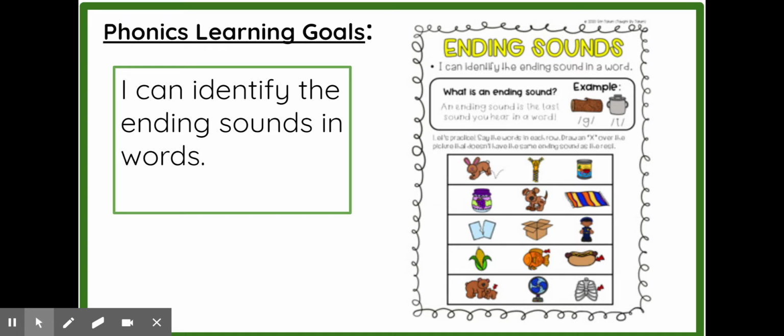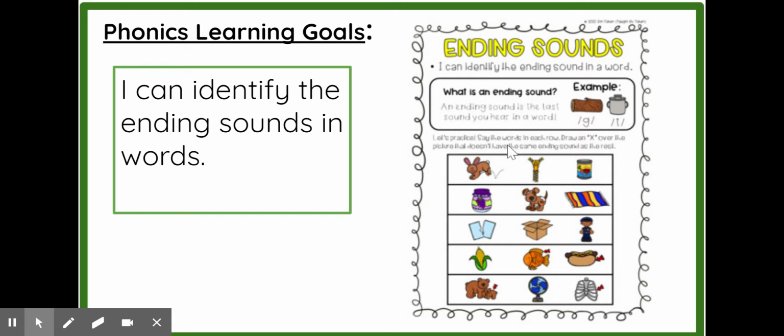For example, if I tell you the word log, the ending sound in log is g. If I tell you the word pot, the ending sound in the word pot is t.